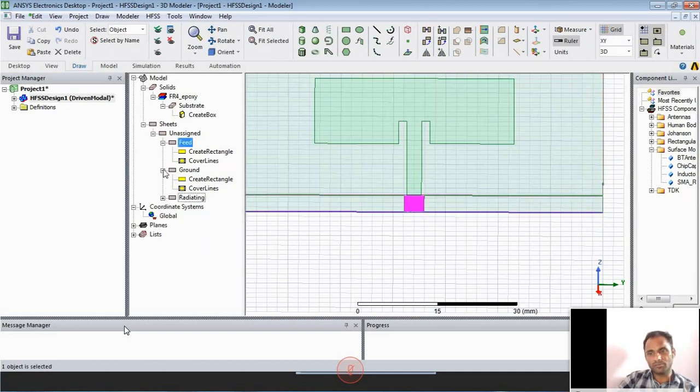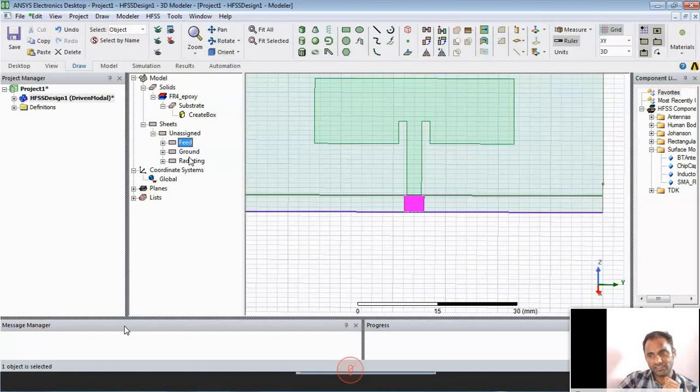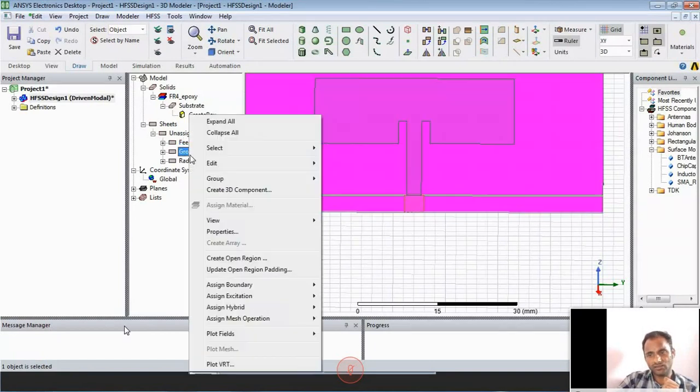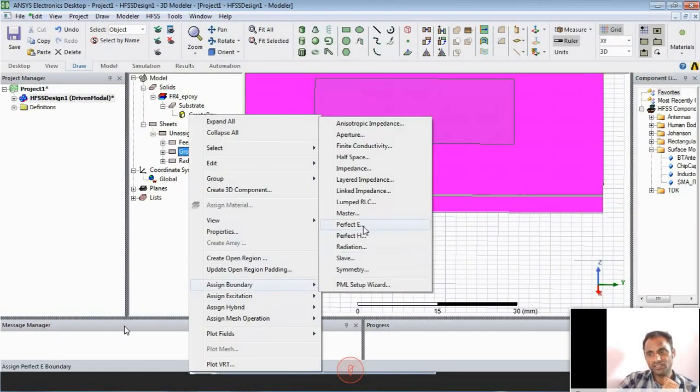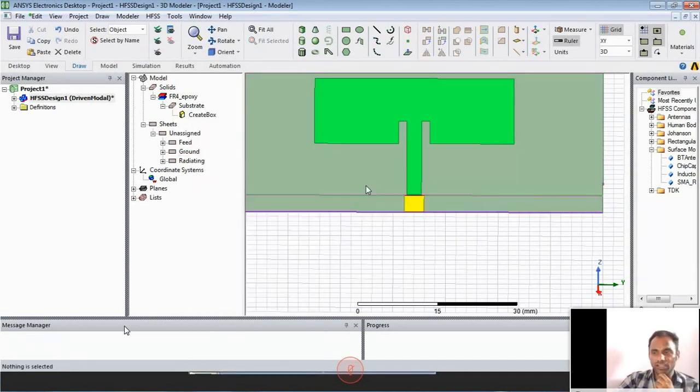So now we have to apply perfect conductor values. So I'll select the ground first, then right click on the ground and go for Assign Boundary condition. Now I'm changing my directions, and also I inserted two capacitances in the feed line.